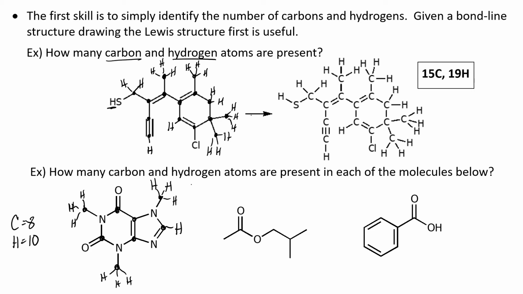For the next molecule, there are 6 carbons and 12 hydrogens. So for carbons, 1, 2, 3, 4, 5, 6. And if we draw all our hydrogens in, giving each carbon 4 bonds, we'll see that we get 12.